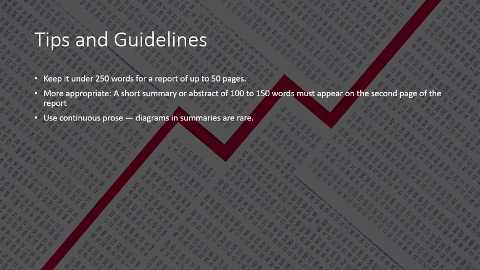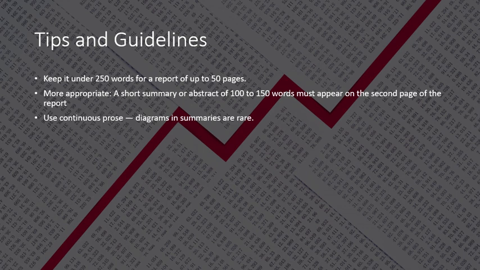More than 250 words for a short report is not good. It's too much. If you can even cut it down to 100 or 150 words, better. But these are just guidelines. It depends upon the reader and your report and the content. They can be longer or less.